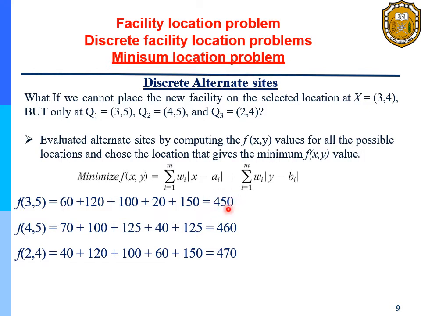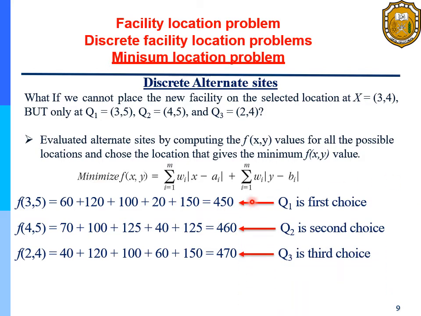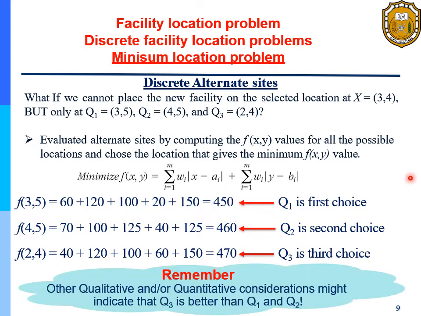This is the objective function value corresponding to the first candidate. If the coordinate is (4, 5), the second candidate, the objective function value is this much, and for the third one it is this much. So which one will you prefer? Of course, since we try to minimize, you will select the minimum of these. The first candidate is Q1, the second choice is Q2, the third choice is Q3. Of course, you will go for the first choice.